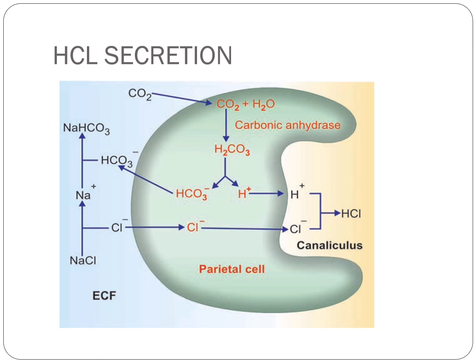At the same time, chloride ion also enters from the parietal cell to canaliculus. Here H plus and Cl minus combine to form HCl. Actually Cl is obtained from NaCl. So sodium combines with bicarbonate to form sodium bicarbonate.